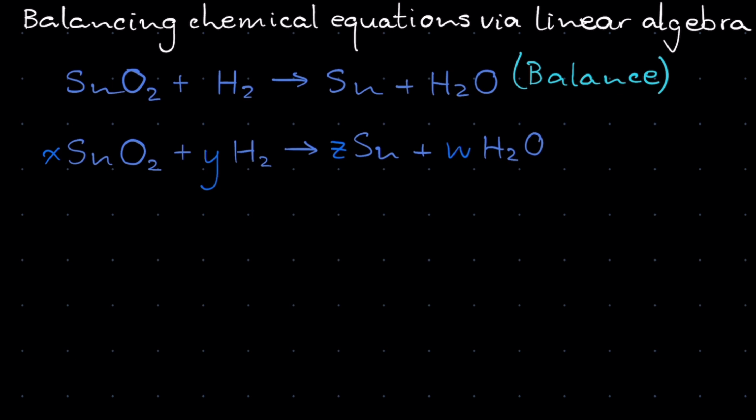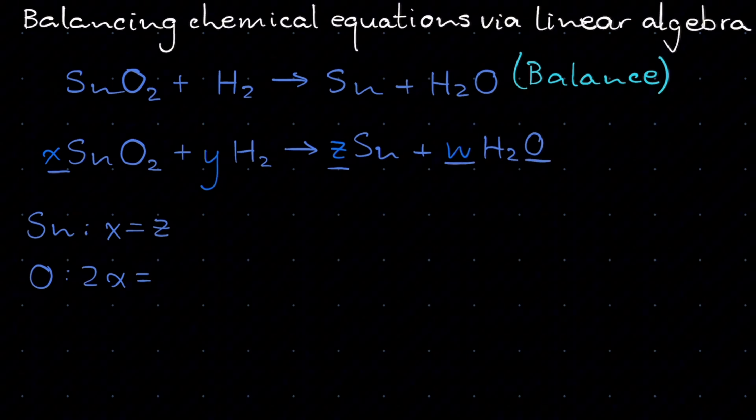Now, notice that for Sn, we want x to be equal to z, right? Because x and z are both in charge of the amount of Sn. So x is equal to z. For oxygen, we want 2x, because there's a subscript 2 over here, to be equal to, let's see, w is in charge of 1 oxygen, so 2x is equal to w.